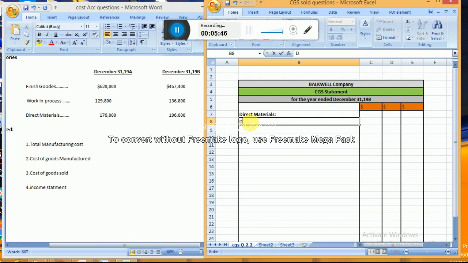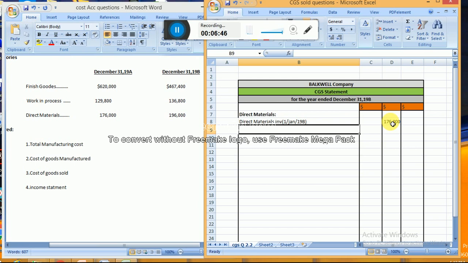So direct materials inventory on 1st of January 19B: how much? $176,000 of material. These materials were purchased in 19A but not used in 19A, so that was the remaining material from the previous year.